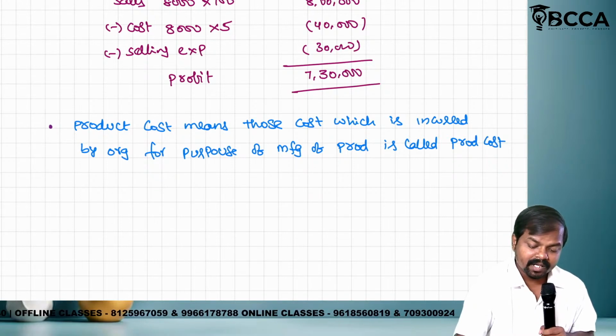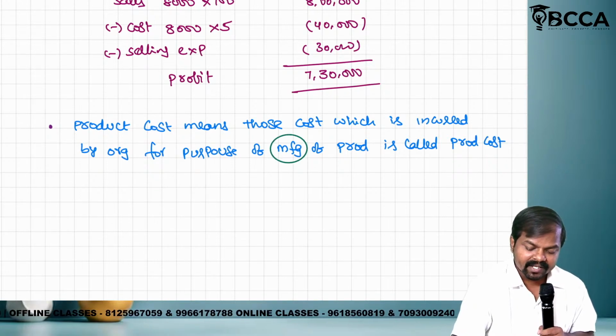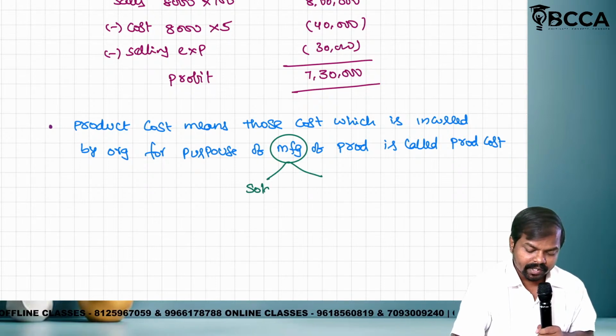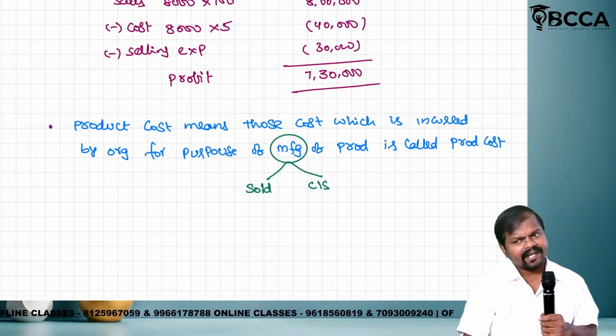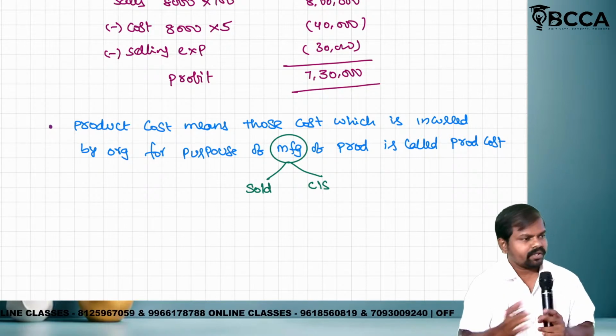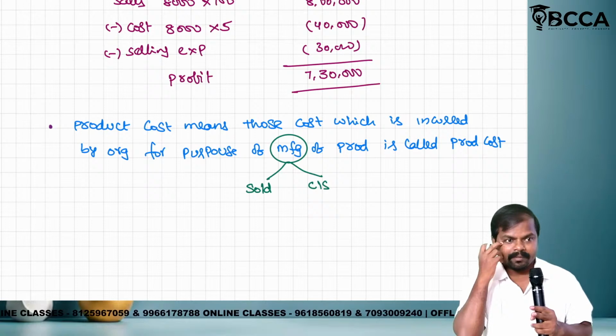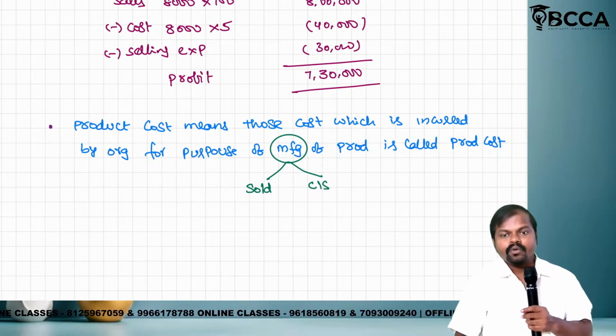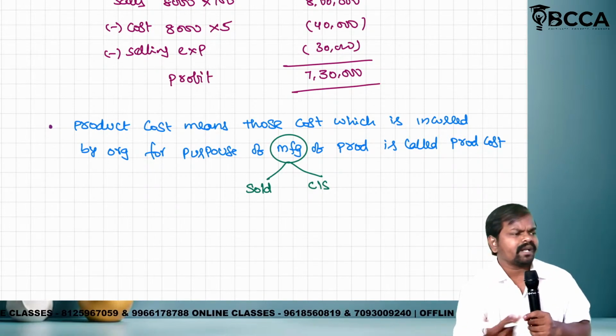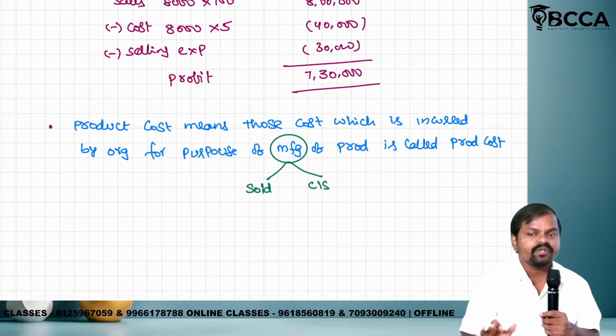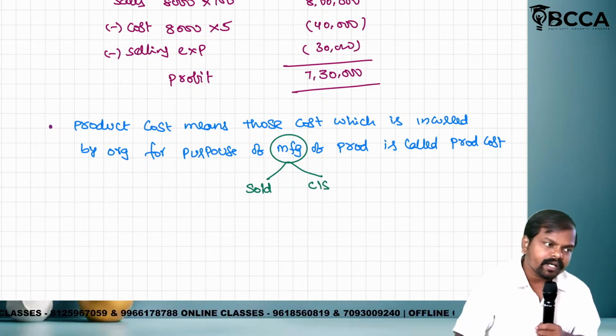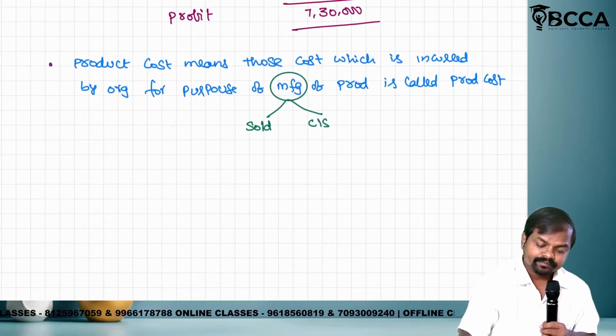Please remember, manufacturing includes sold units and unsold units. Instead of unsold, we can say closing stock units. You can interchange, depending upon your comfort. You can say unsold unit or alternatively, in official word, closing stock. Is it clear? Next.